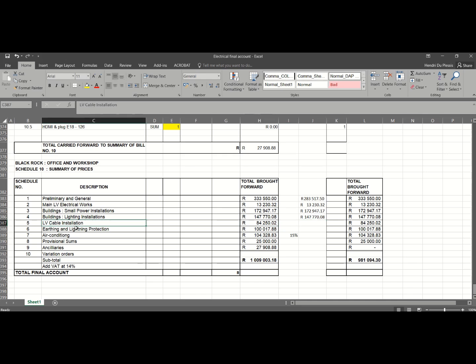Okay, so the cable installation, as soon as you've seen the cable installation, you usually think this might be for the connection from the main connection to the building. So this will be included in your external works. So I'm just going to highlight that one. I'm not going to include it here. Okay, and let's quickly work out what this percentage was.